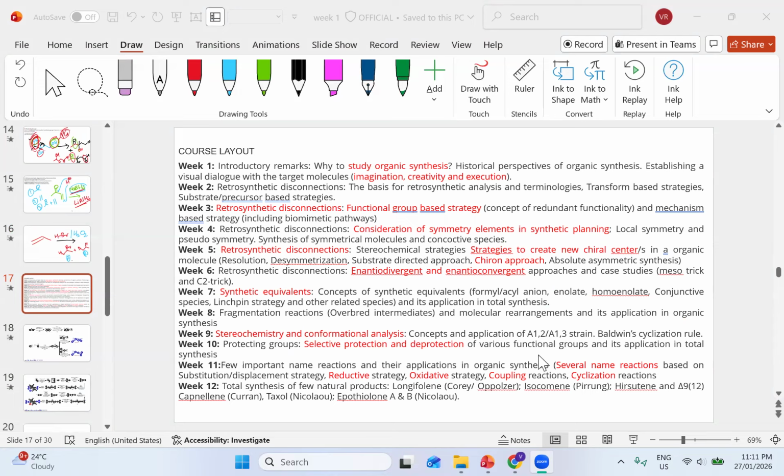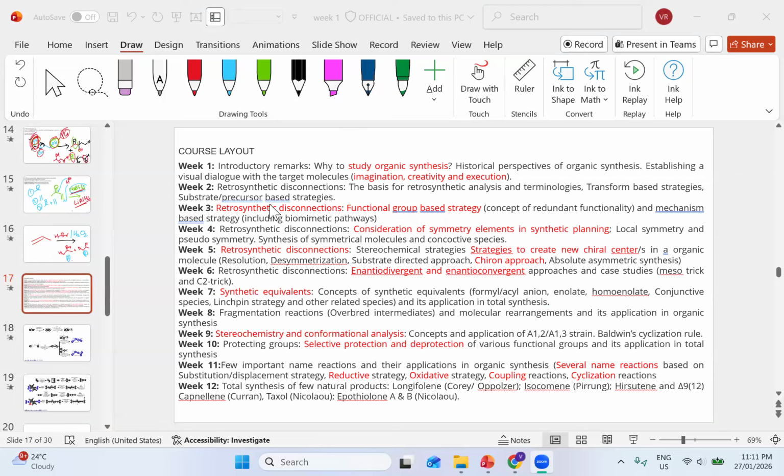I will paste that link in the chat box at some point, so you can save it and get the reference books from there. Also, if you want a PDF from any reference book, you can just paste it in the chat box. I will try to get it in PDF format and add it to the Google Drive. Okay.